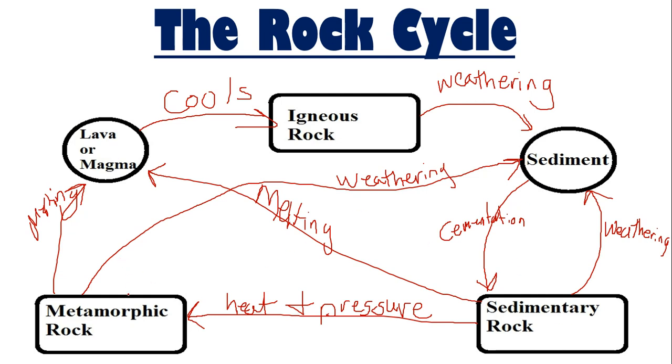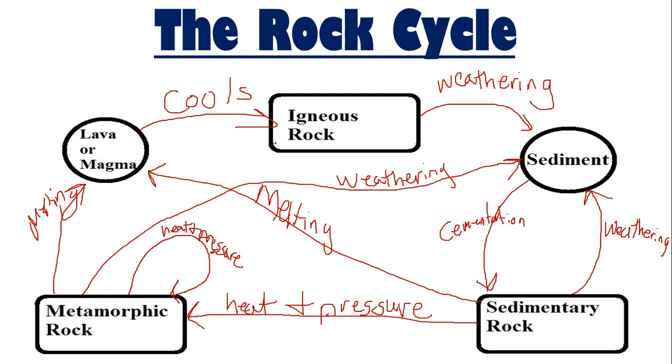Or metamorphic rocks can become another metamorphic rock with heat and pressure. So there's untold amounts of what a rock can become or transform into as it goes through this unending cycle.